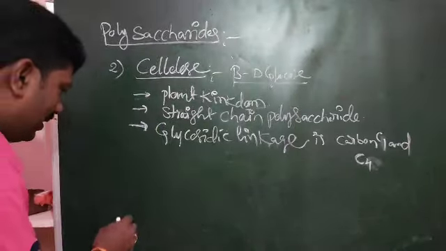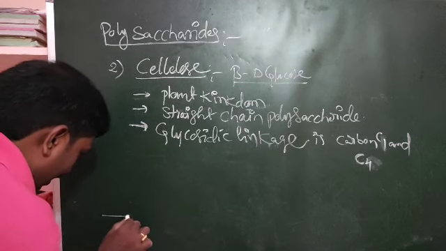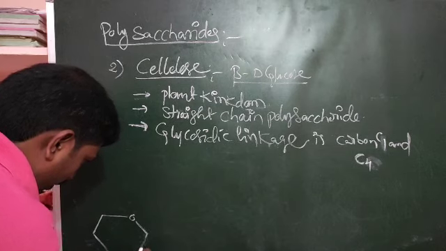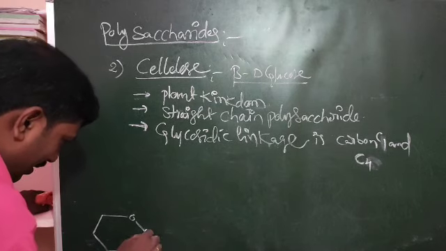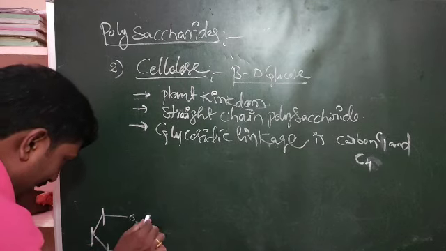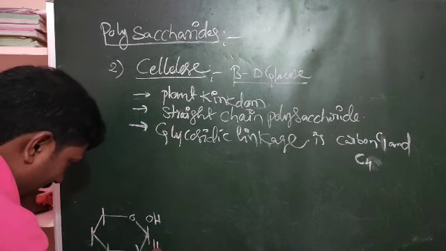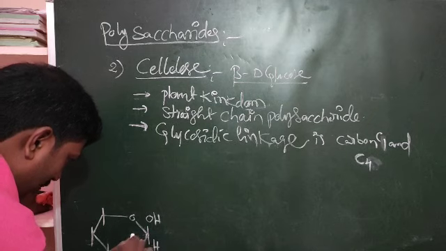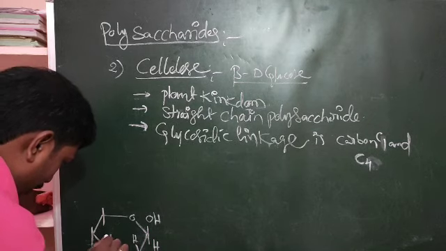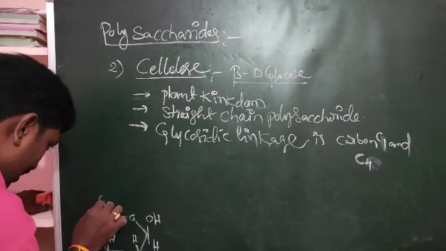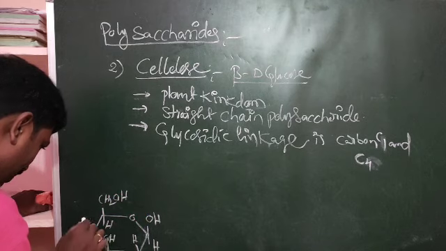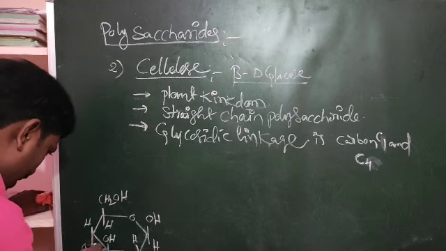Now I will show that. First I will take one compound like this. Here, alpha or beta, here OH is there, here H, this is the anomeric carbon, H, OH and H, CH2OH here, H, here down OH.